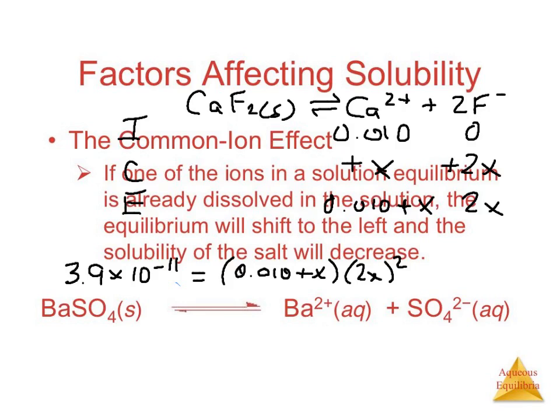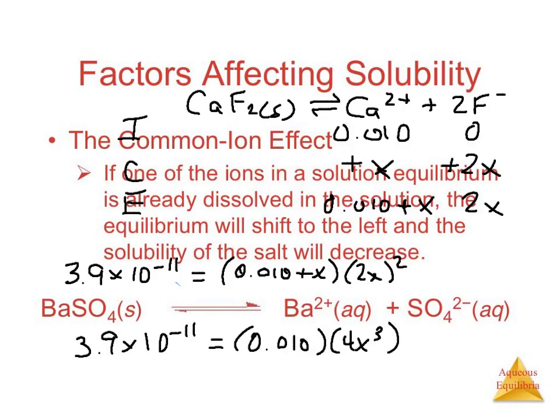So we'll make our simplifying assumption here, and we'll say that 0.010 plus X is essentially the same thing as 0.010. I'll just change that to 4x squared, sorry, squared.